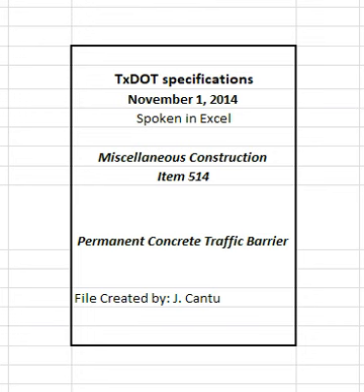4. Measurement. This item will be measured by the foot. Barriers with two longitudinal half sections will be measured once along the center line between the two halves. 5. Payment.